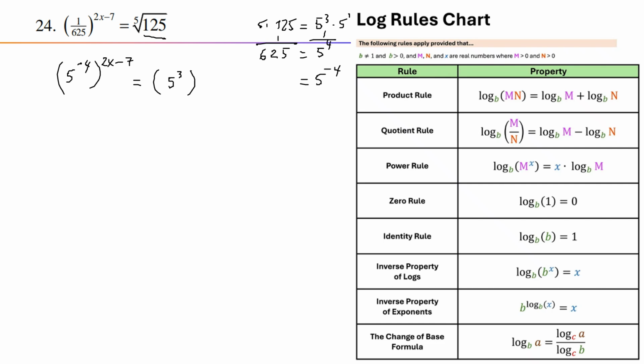And remember outside, that is 1/5. Power is 1, okay, and the root is 5. Now the same base 5, we just care about the exponent. So -4 times 2x minus 7 equal 3/5.